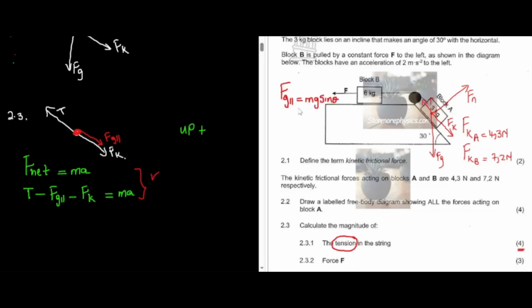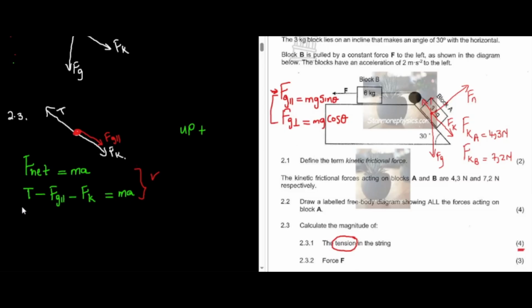Please, if this is the first time you see this, keep in mind that Fg parallel is mg sine theta, and Fg perpendicular is equal to mg cos theta. Please don't ask where this formula is coming from. You are preparing for an exam, so we don't have time to do the basics. What you need to know is that this is your Fg parallel and this is your Fg perpendicular. I'm not going to talk about the things that we don't need yet in this question.